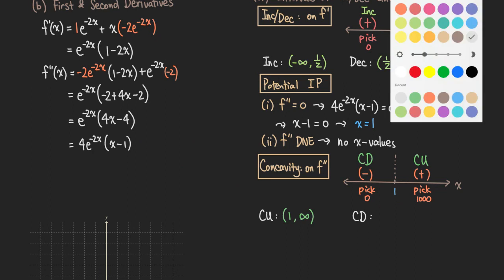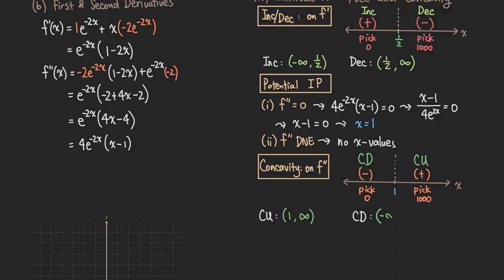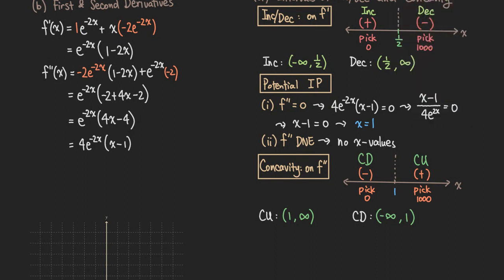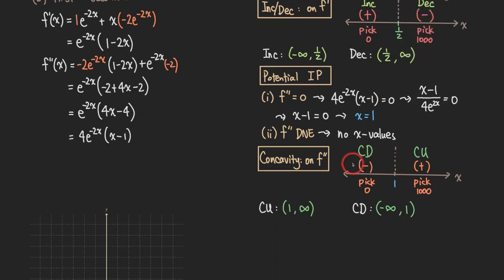It's going to be from negative infinity to 1, as you can see from the sign analysis chart. Okay, so that's good. And then the next step, we need to find the local maximum and local minimum here.